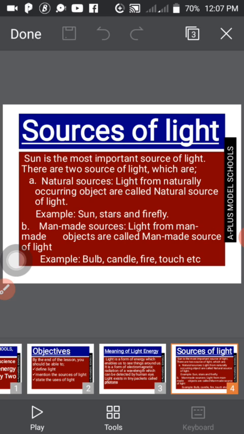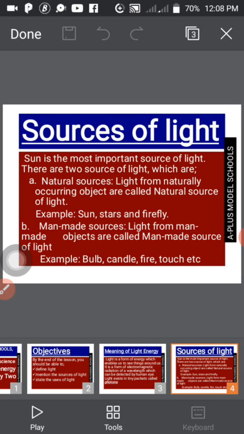We have some natural objects that light forms from them, and these natural forms of light is what we call natural source of light. And examples of this natural source of light are the sun. You can see that the sun, it is made by God.